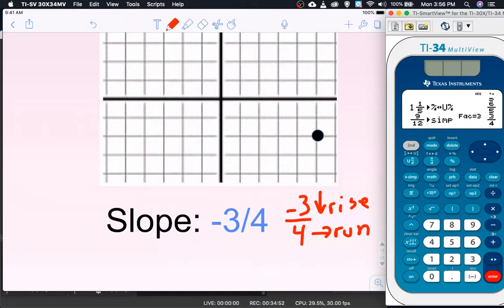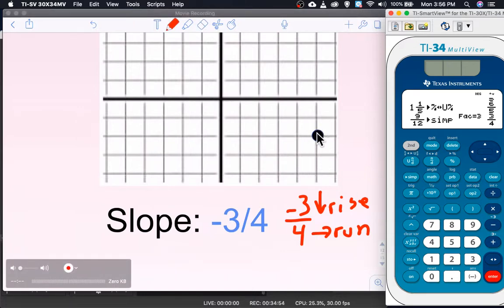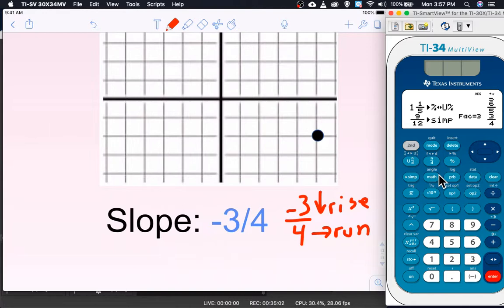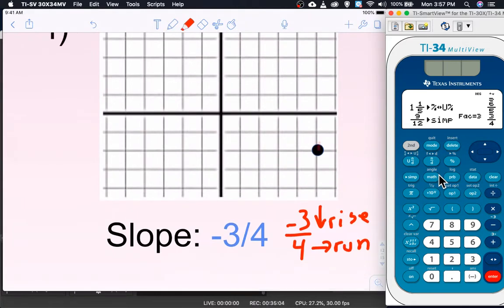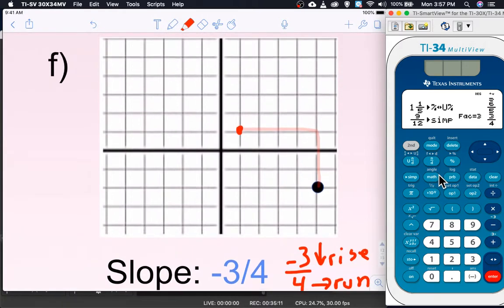Now, where my dot starts, I cannot go down 3 over 4 because I don't have the space. I can only go down 2 and over 1. So instead of going down 3 over 4, I'm going to do the reverse of that. I'm going to go up 3 over 1, 2, 3, 4 the wrong way.